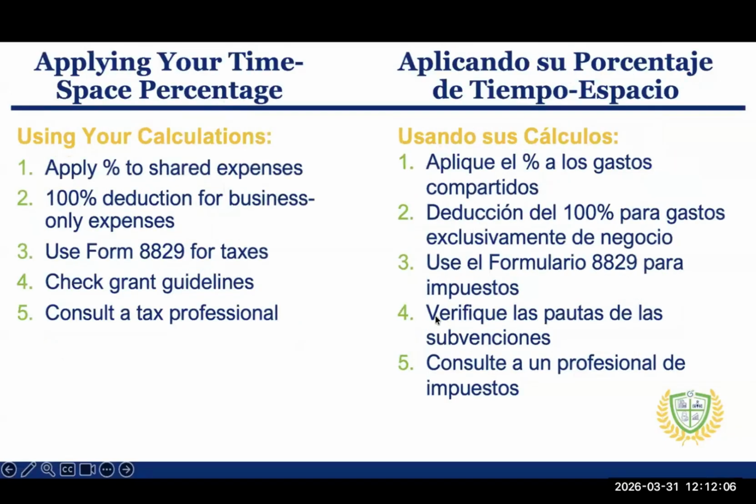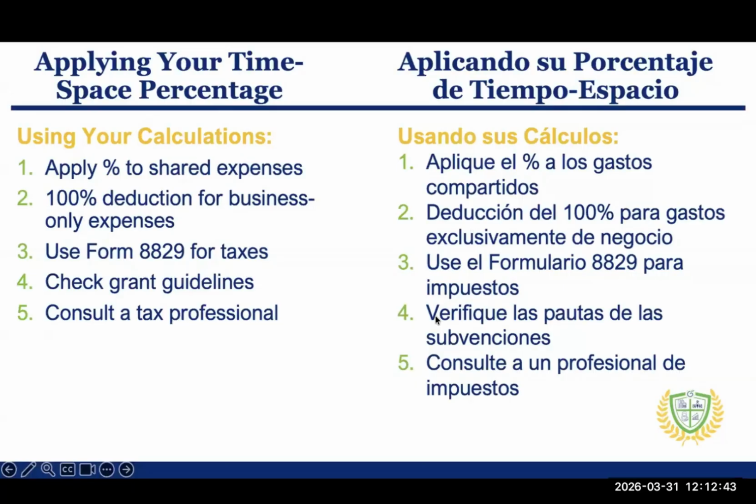Now, once you have calculated your time space percentage, you can apply it to your shared home business expenses. Here's how. For each shared expense, let's say utilities, meaning water, electricity, garbage collection, and all that, or it can be your rent or your mortgage interest, we will have to multiply the total amount by your time space.